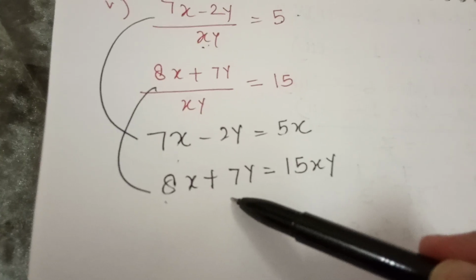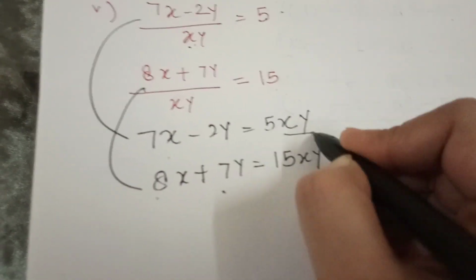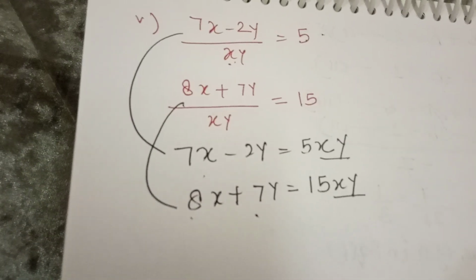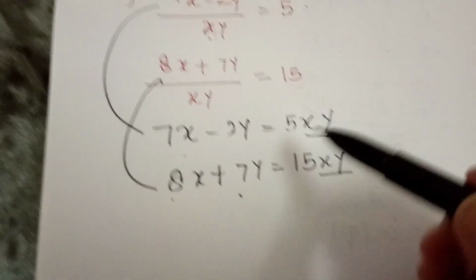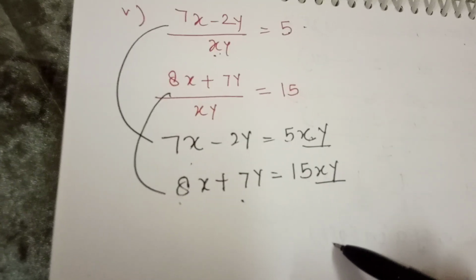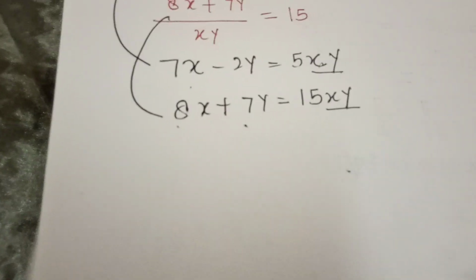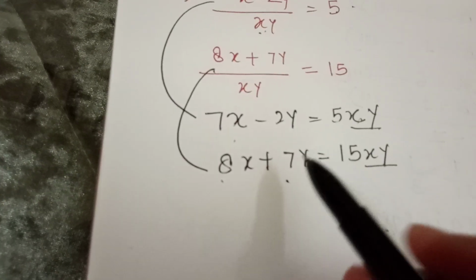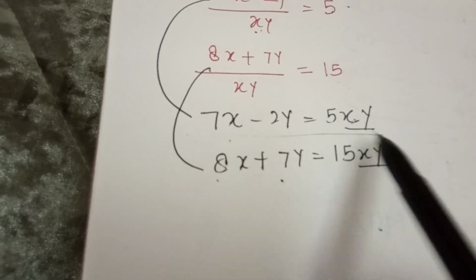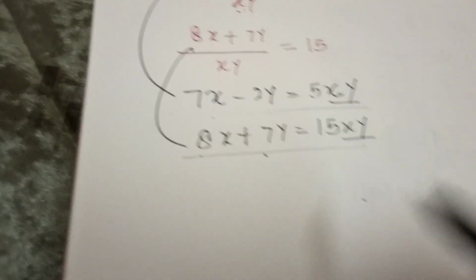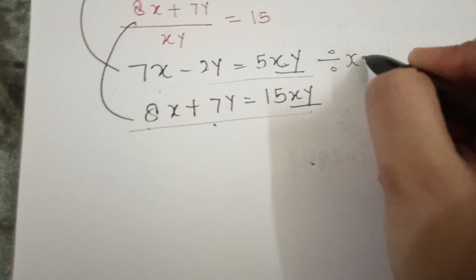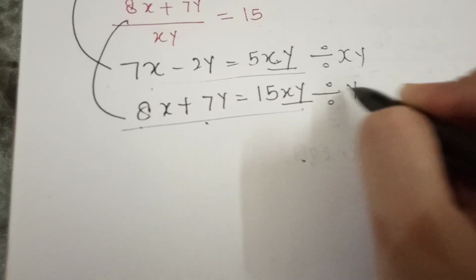No, these are not in the simple form. You see here xy. हम इसे अगर एलिमिनेशन मेथड यूज भी करेंगे, देन अगेन वी विल हैव 2 वेरिएबल्स and we will not be able to find the value of any one variable. So first, what we will do, we will divide both whole equations by xy. Divide both the equations by xy.